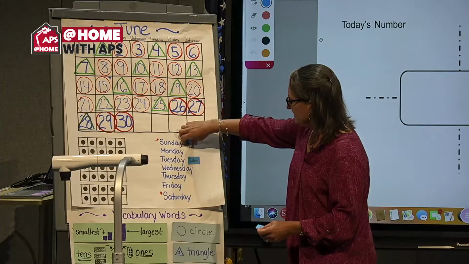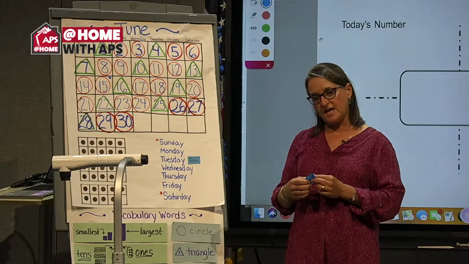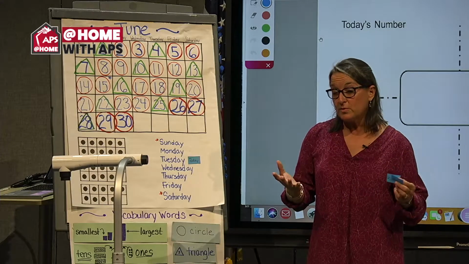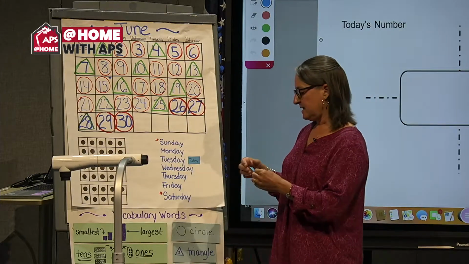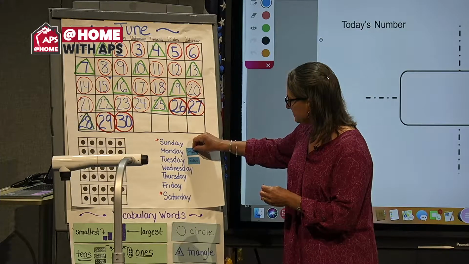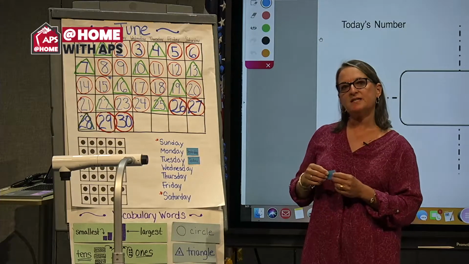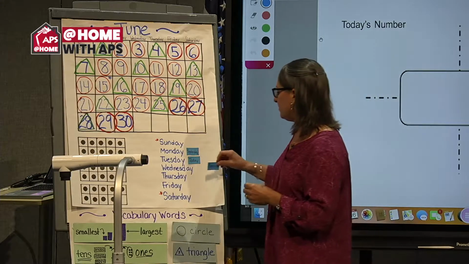So today is Tuesday, then what day of the week was yesterday? Yesterday was the first day of the work week or the school week, so it was Monday. Yesterday was Monday, today is Tuesday, so what will tomorrow be? That's right, tomorrow will be Wednesday.